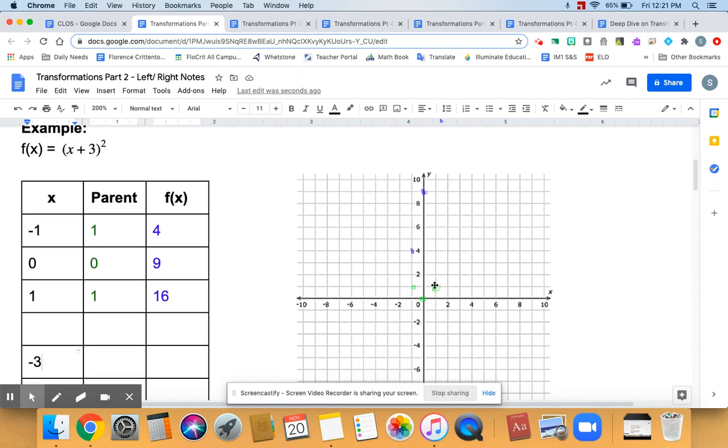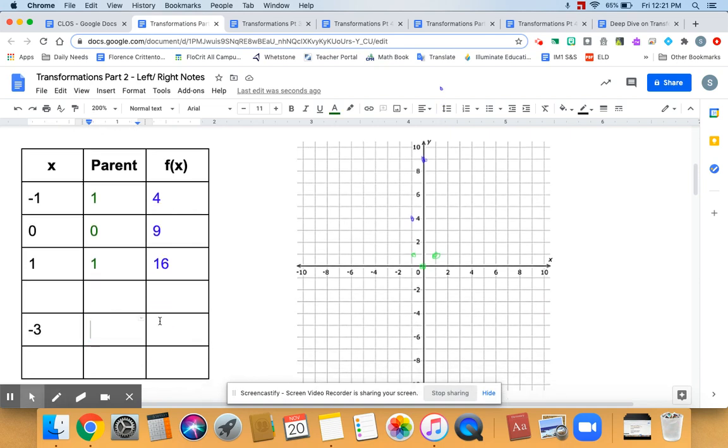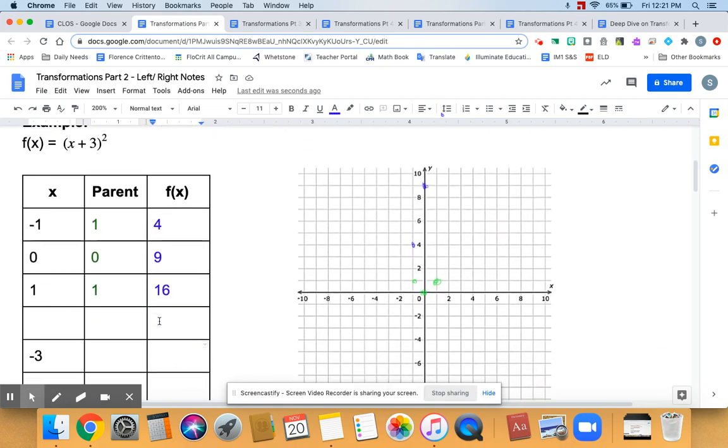So it's not going to go right 3, it's going to go left 3 over to -3. Because for the f of x, when I plug in -3, then add 3, -3 plus 3 is 0, and then 0 squared, 0 times 0 is 0. So this is where my vertex will be.